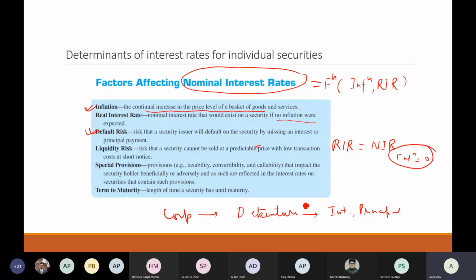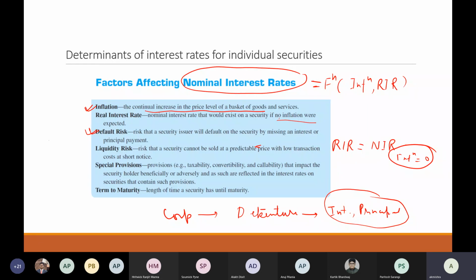If the company is not able to pay their interest and principal amount, we say that the company is defaulting on their obligation, because the interest and principal amount is the obligation since the company has issued a debt instrument, bond or debenture. So the risk investors perceive because of the probability of default that can happen in the case of this corporation, we call it default risk. We will also see how we can capture it, but by definition we will first see.